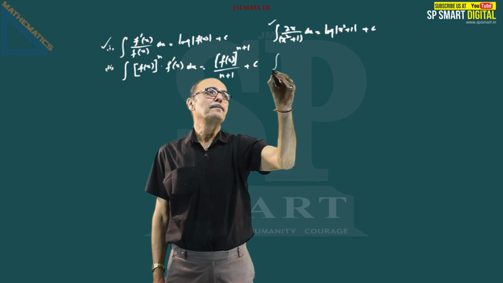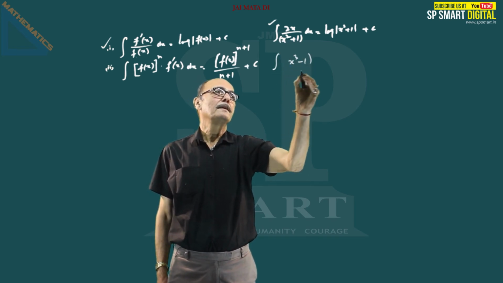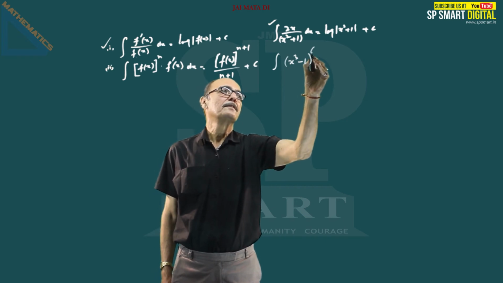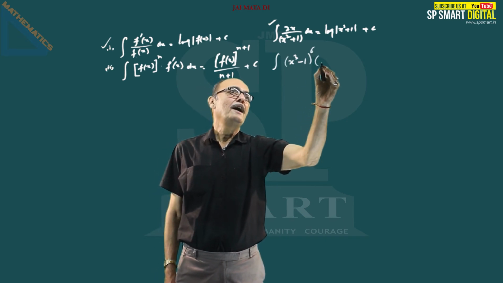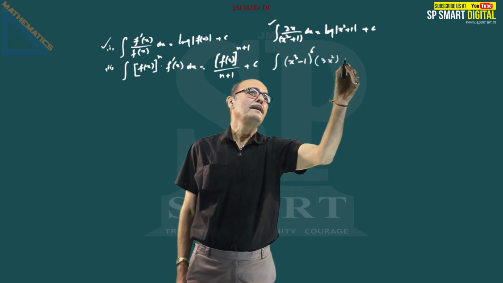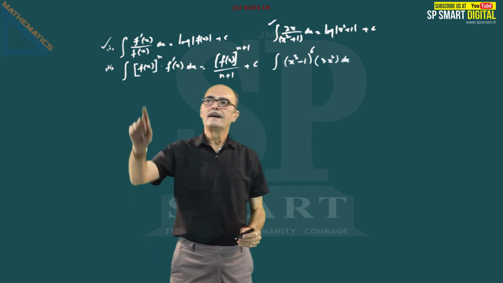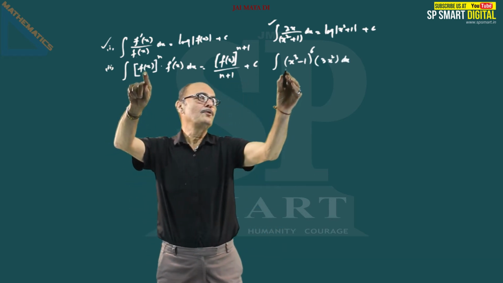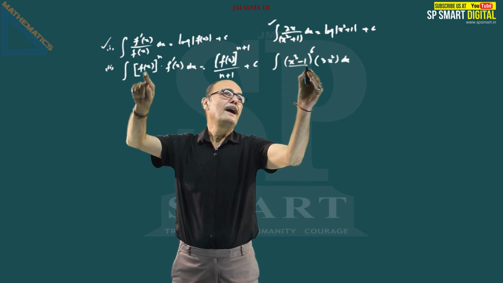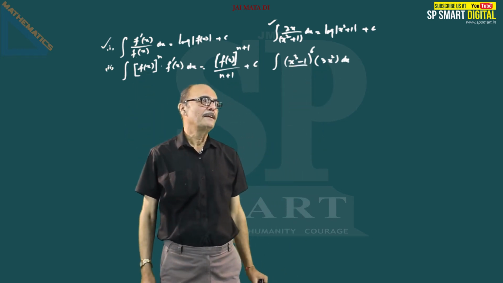Application of the second formula is that if you have x cube minus 1 whole raised to power 6, say, and multiplied by the derivative of x cube minus 1 dx. Now, here f x stands for x cube minus 1 and its derivative 3x square as its coefficient dx.